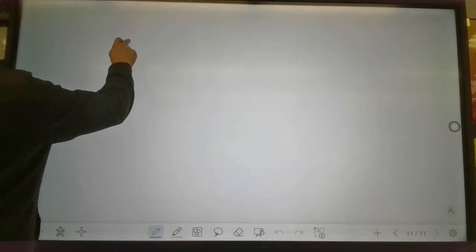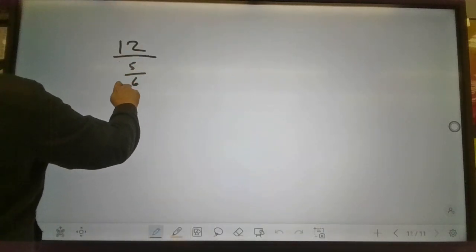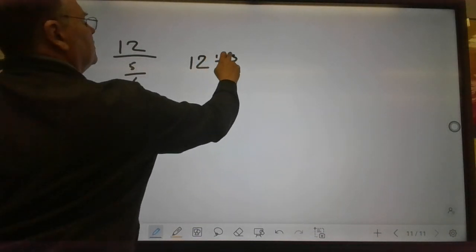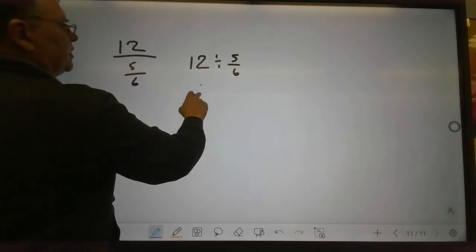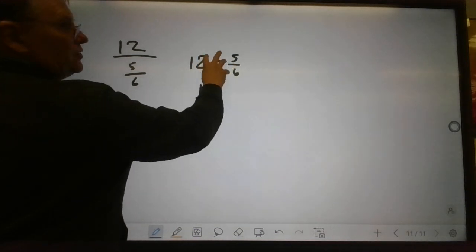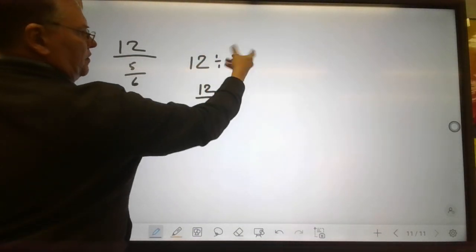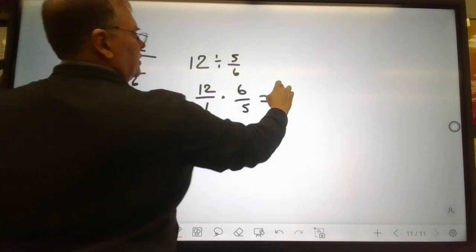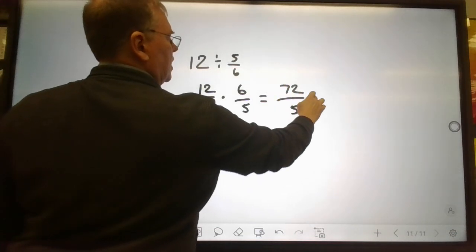Letter B, 12 over 5/6. So that becomes 12 divided by 5/6. That's a 12 over 1. KFC, keep the first, flip the second, change it to multiplying. That would be 72 over 5.